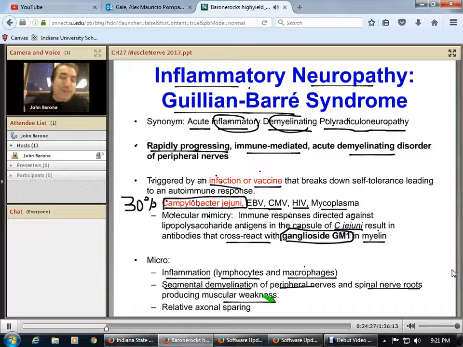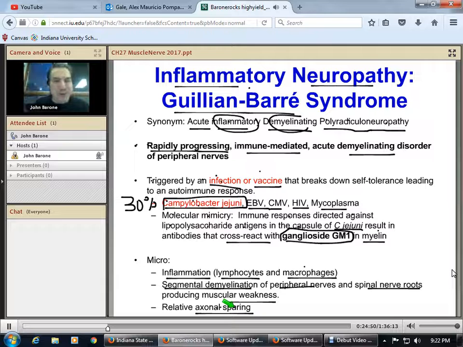So they're a slave to the nerve. So I want you to remember this as an ascending muscular weakness. It's an ascending paralysis. The muscles are weak because of the nerves. So the axons are still there. It's the myelin that's lost. So you can get better. You can remyelinate and get your function back.